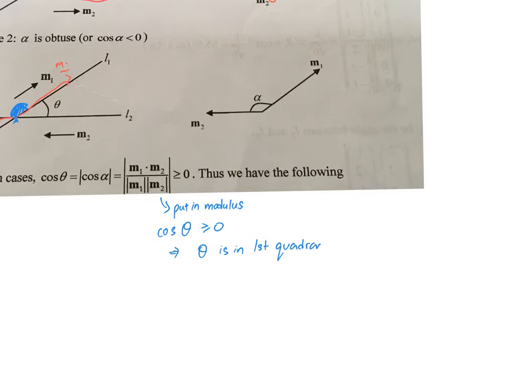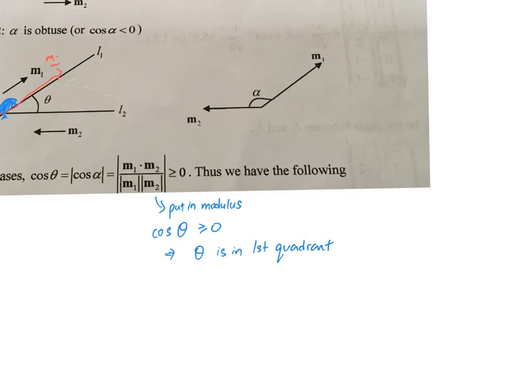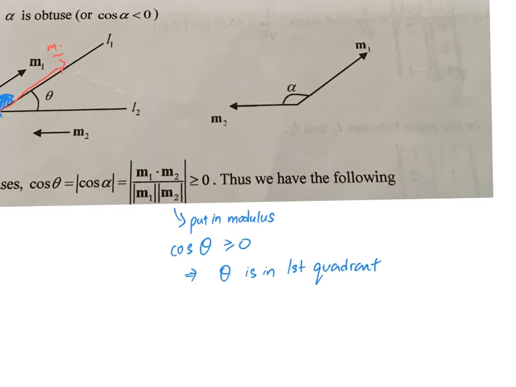Of course, with cosine theta positive, theta can be in the first or fourth quadrant, but the fourth quadrant does not apply here, because we are talking about the angle between two lines. It cannot be from 270 to 360. So we are making it positive, because we want it to be in the first quadrant.